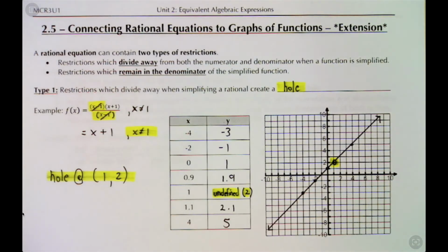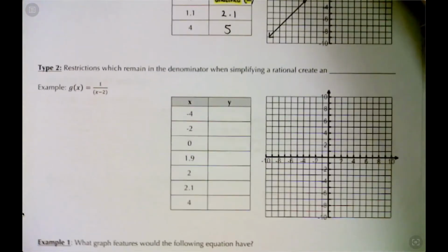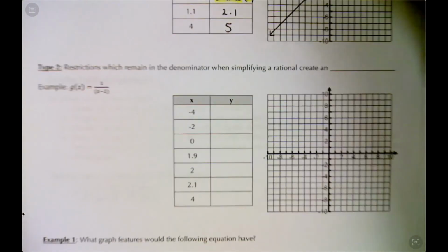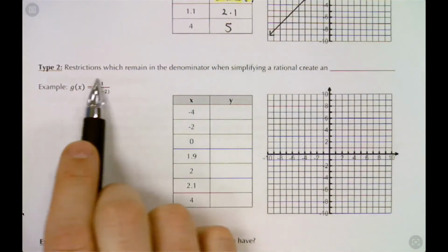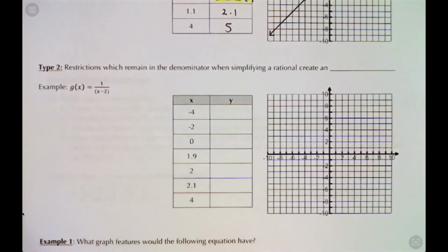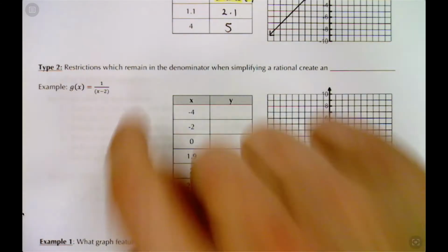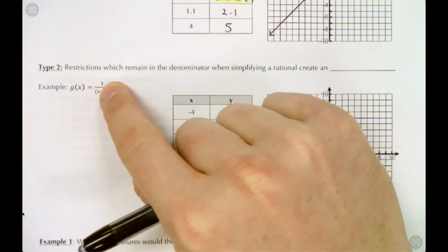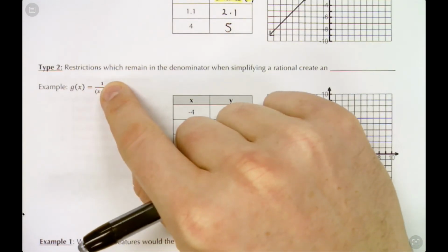Now, the second type of restriction is one that doesn't divide away. So let's go look at one of those. Let's pretend we had a more complicated rational equation, and we simplified it, and we ended up with something like this. 1 over x minus 2. Now, this looks a lot like the parent function 1 over x that we saw in the first unit.